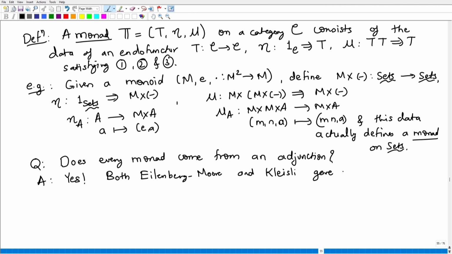Gave positive answers in 1965, both in the same year. But the interesting part was that their answers were not the same. They had different answers for this question.